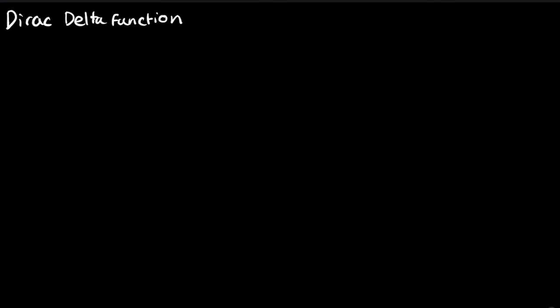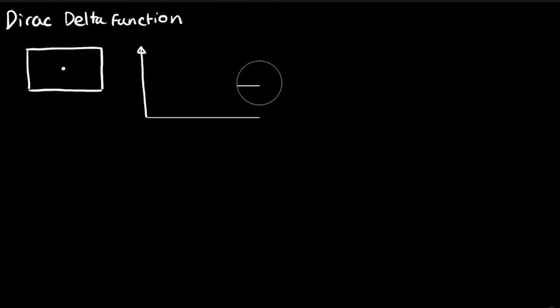Say you have this blank region of space right here, and you have nothing throughout the entire region apart from this one tiny little dot right there. That's the only thing. How are you going to represent that in a mathematical way? Typically, if you were to draw a graph, let's say some kind of density graph, then you're going to have nothing for most of it, but then you're going to have this infinite spike at this one position right there.